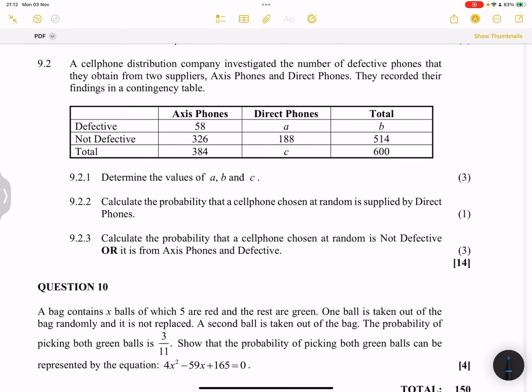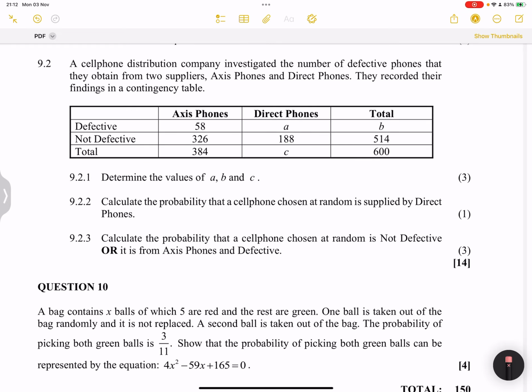Defective, okay? A is 58, and you've got the rest of the table. Now, what I want you to appreciate is that going down, 384 phones is the total number of Axis phones. And here you've got the total number of direct phones.